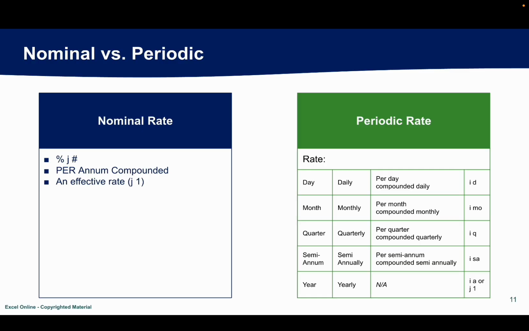In the shorthand version, we would see a lowercase I and a code for the period like D, MO, Q, SA, or A. And we have to multiply the periodic rates to turn them into nominal rates when solving questions. A daily periodic rate must be multiplied by 365 to become a J365 rate.